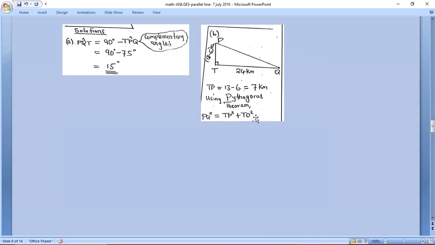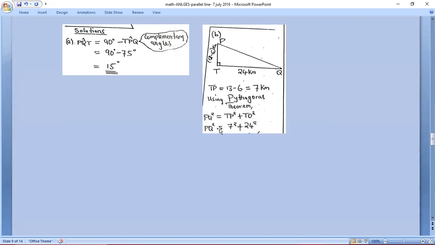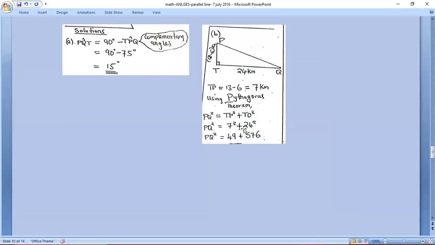I wrote O there, but it's supposed to be Q. So we just substitute the values, plug in the values. So PQ squared is equal to 7 squared plus 24 squared. Okay, then we work out 7 squared is 49.